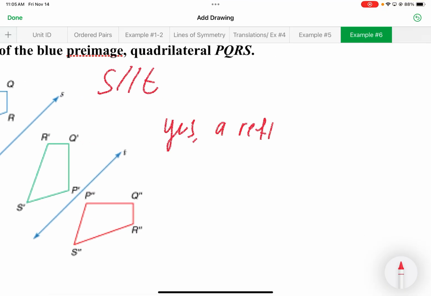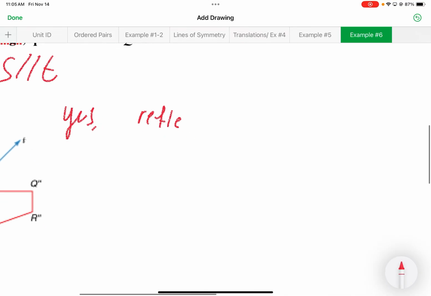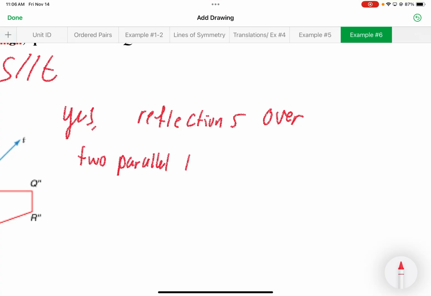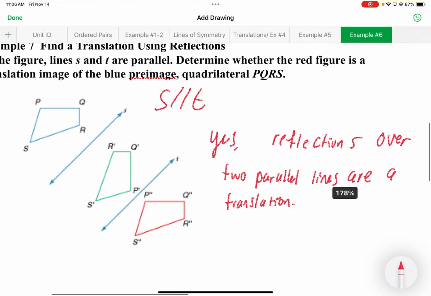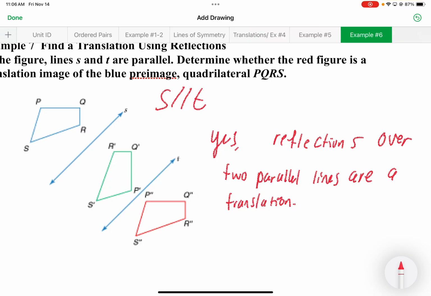A reflection, or I should say just reflections, over two parallel lines are a translation. So I could have gotten from the blue to the red just by shifting it to the right and then also down. All right, questions there? We feel okay about this stuff? Hopefully.